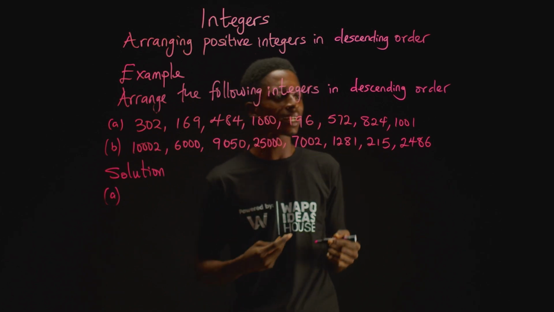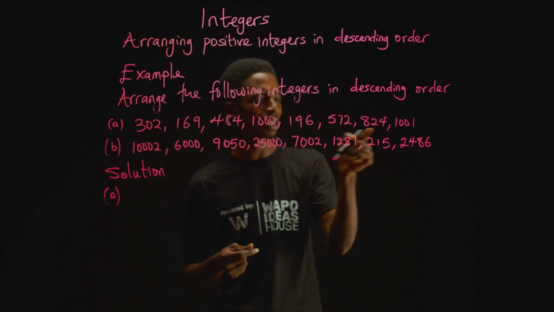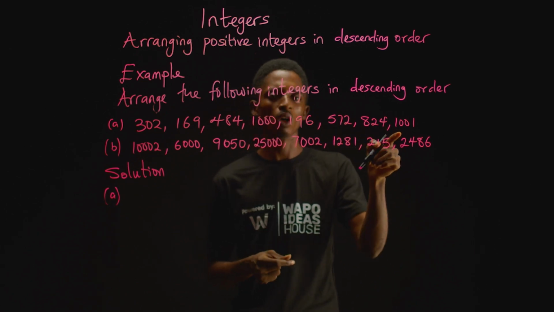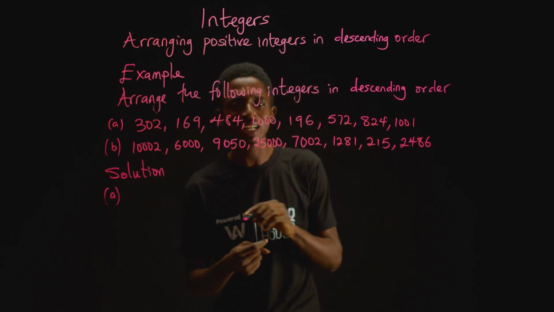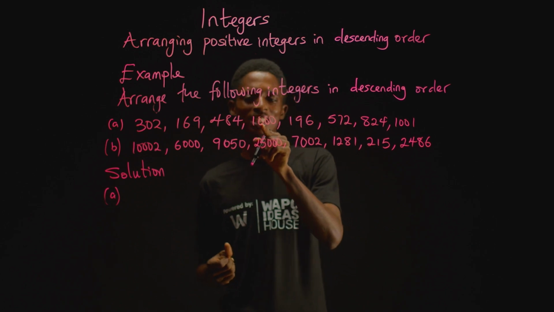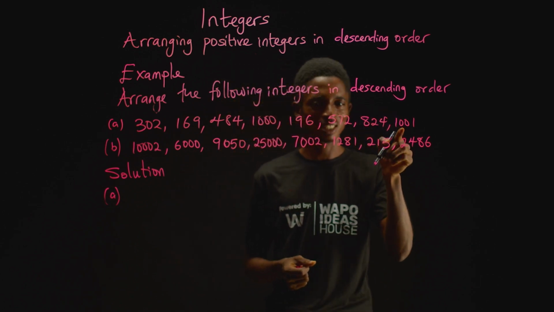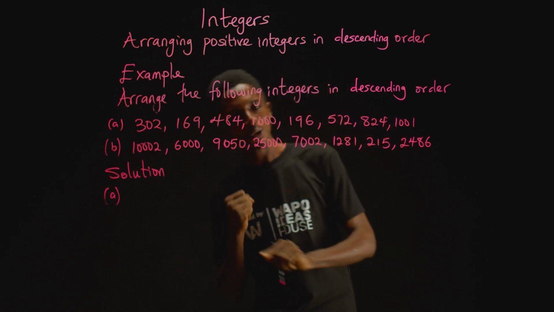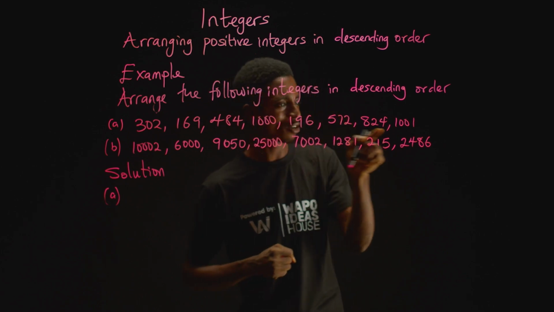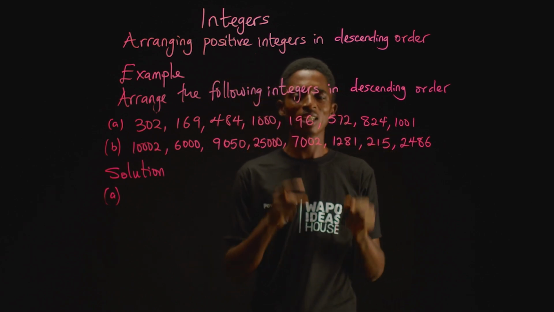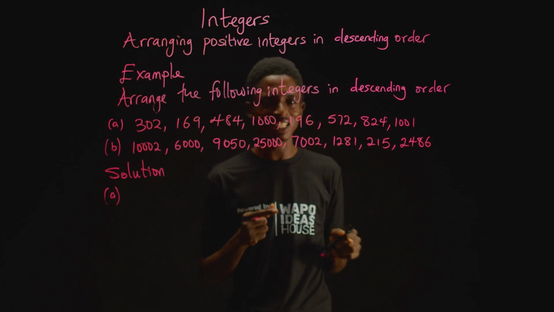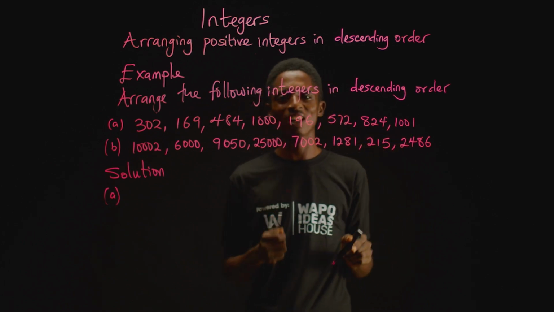And if we compare them, they both start with the same digit, 1 and 1. So what we do is to look at the next digit that follows. In this case, 0 and also 0. Still the same. Then we go to the next, another 0 for 0. So the one that tells us which is largest of these two will be the final digit.